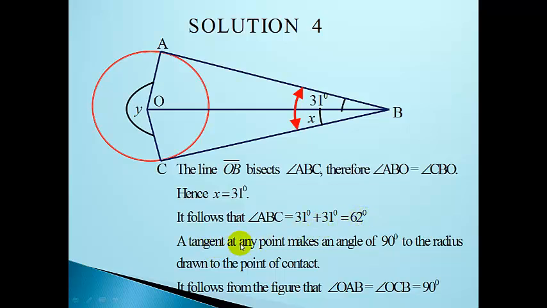Now, a tangent at any point makes an angle of 90 degrees to the radius drawn to the point of contact.